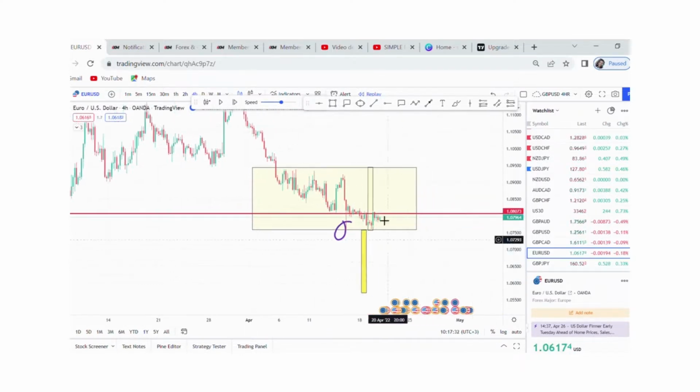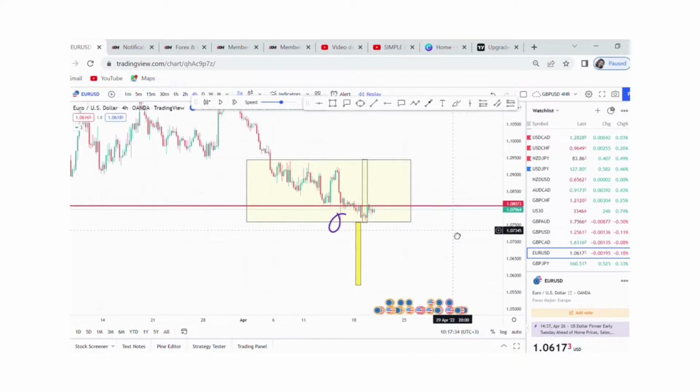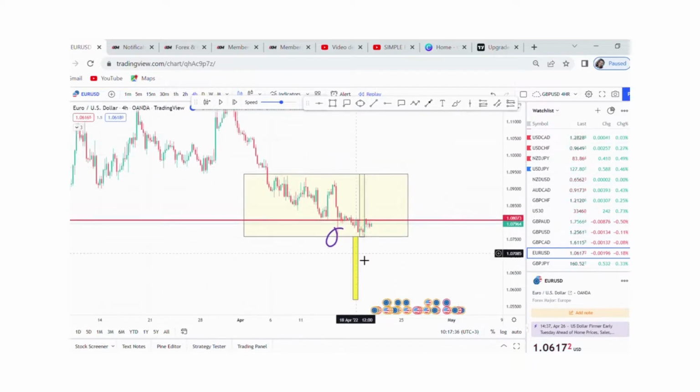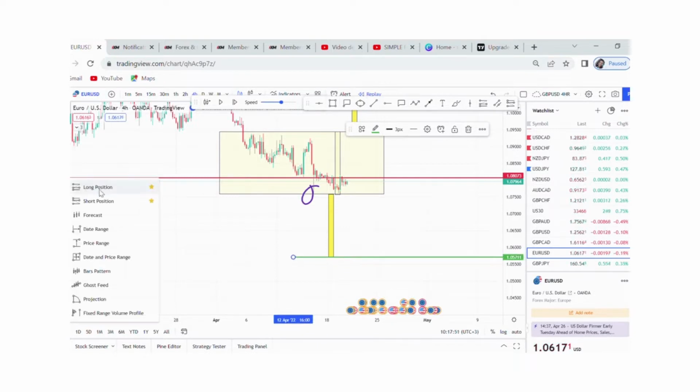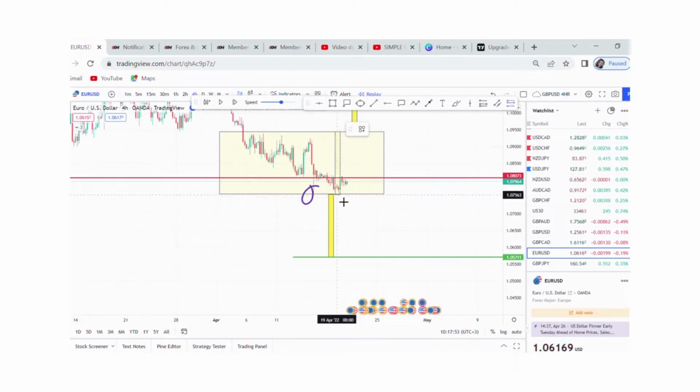So let's clone this and take it above for us to see if it broke above the direction of the market. So here is where our TP is, and then now the market short position, immediately it breaks. So let's see when it breaks. You have to wait for the market to break.